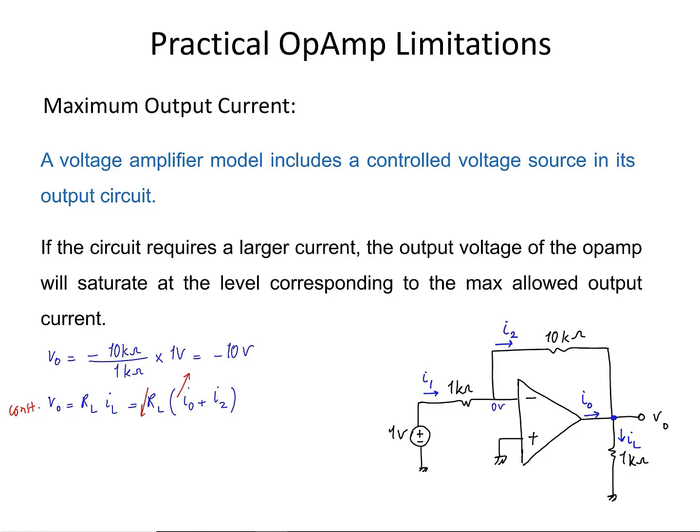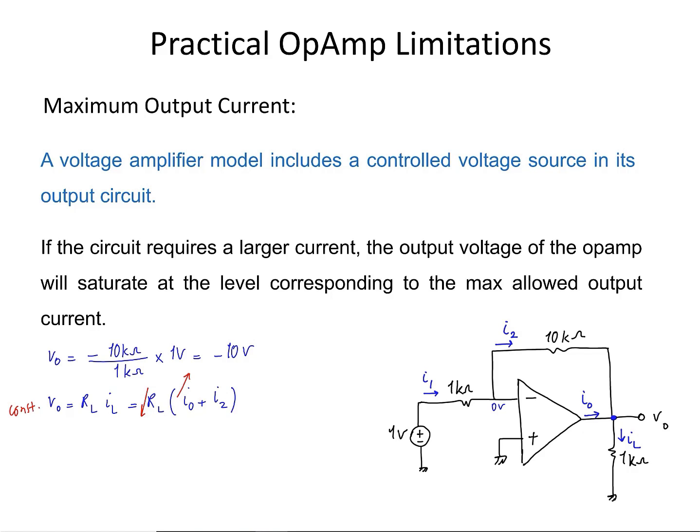But there is a limit on how much I can increase the IOut value. When it hits a threshold value, the output voltage of the op-amp is going to saturate. So the output of the op-amp is going to be limited by the maximum output current value.